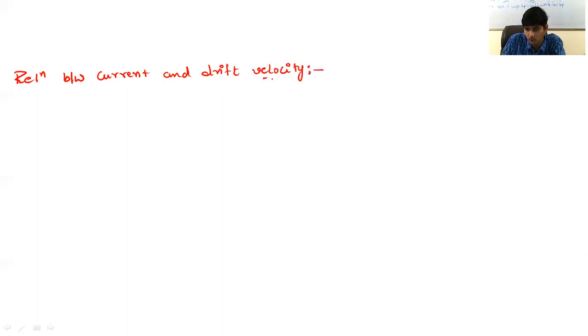You will be asked to obtain a relationship between current and drift velocity. You must remember the relationship between current and drift velocity. The relationship between current and drift velocity is I is equal to nAeVd. I represents current, Vd represents drift velocity.